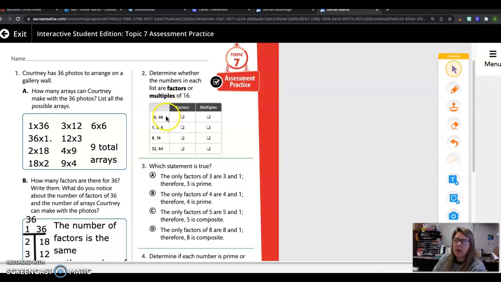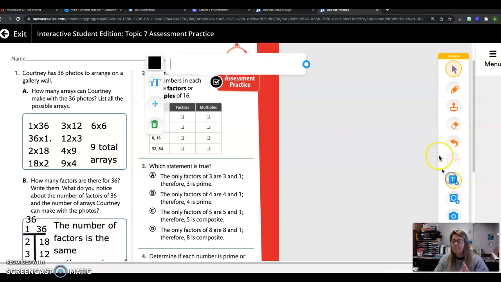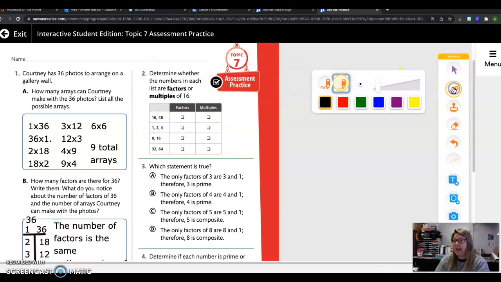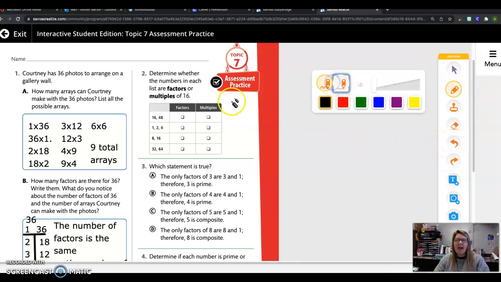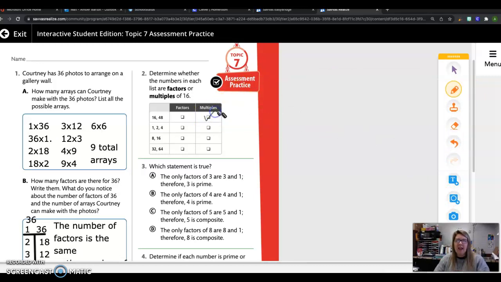So we know that this pair cannot be factors, right? It's a multiple. If we count by 16s, we would eventually get to 48, right? So we know that 16 and 48 are going to be multiples of 16.